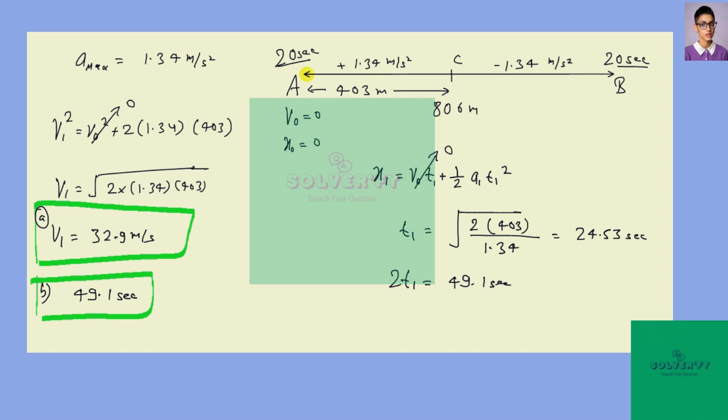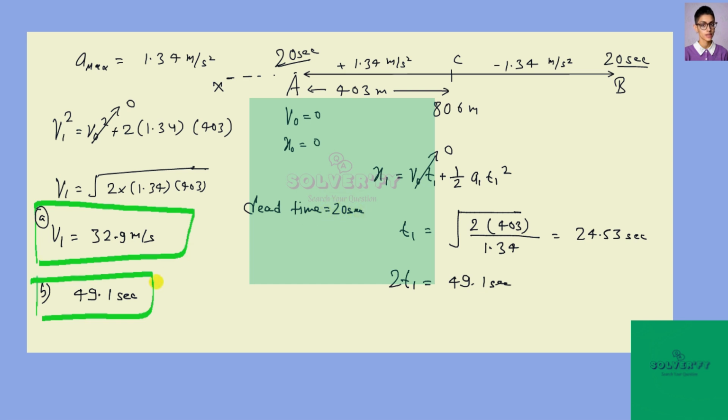Suppose our train comes from a previous station, say station X. When it comes to A we have to count the time, so it rests for 20 seconds and then continues its motion until it reaches B. So we have a dead time of only 20 seconds.